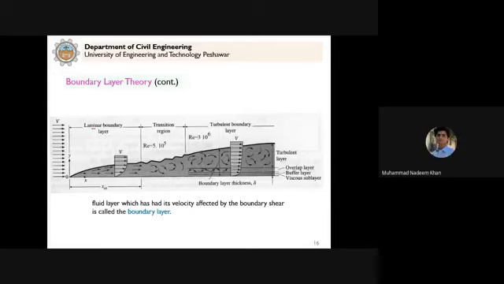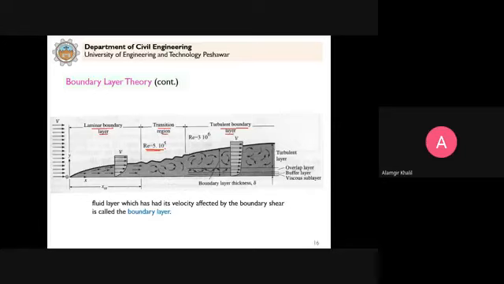So we have the laminar boundary layer here, and we have the transition region, and then we have the turbulent boundary layer here. In the case of boundary layer, the critical Reynolds number is 5 into 10 power 5.